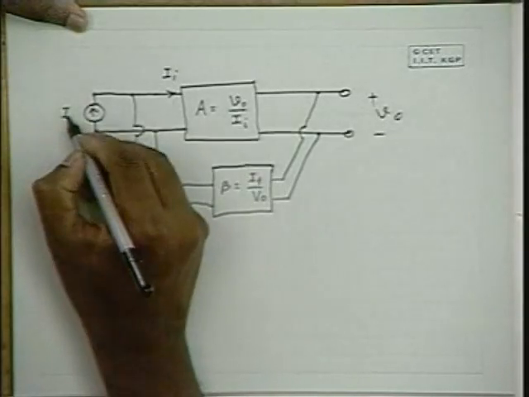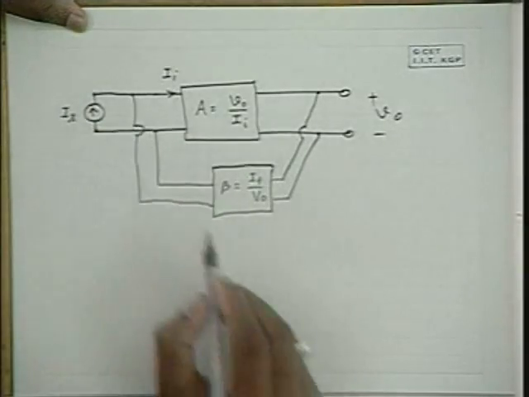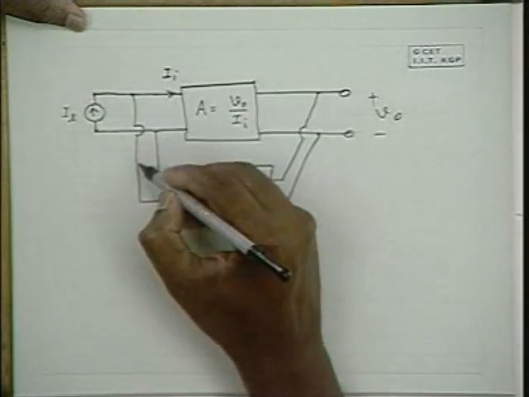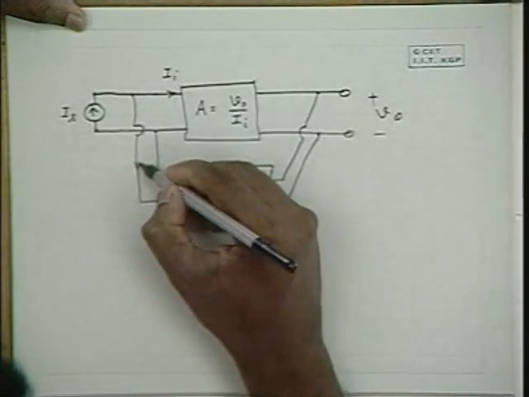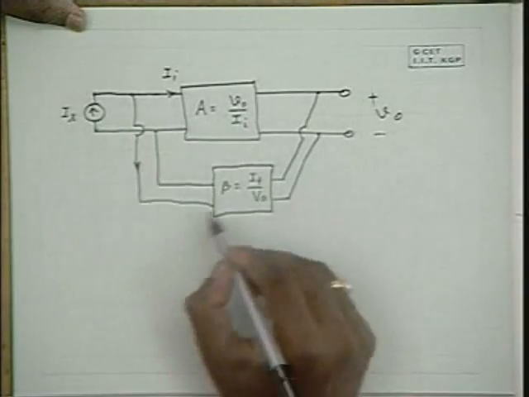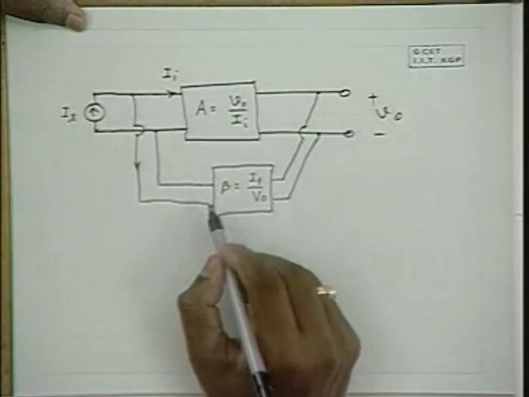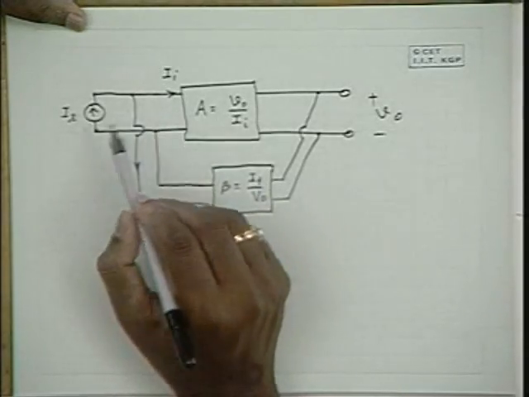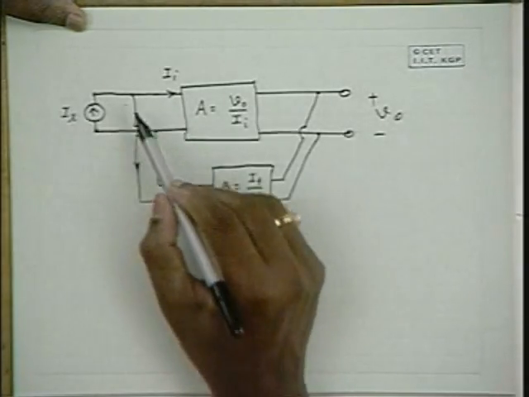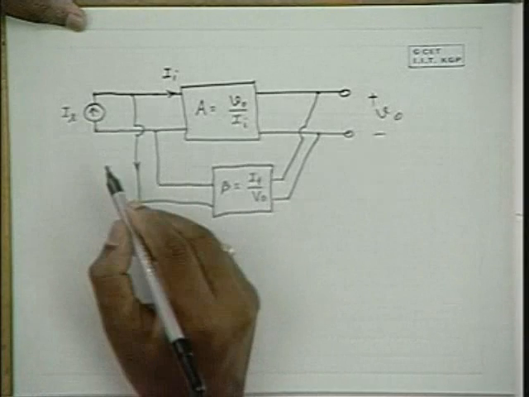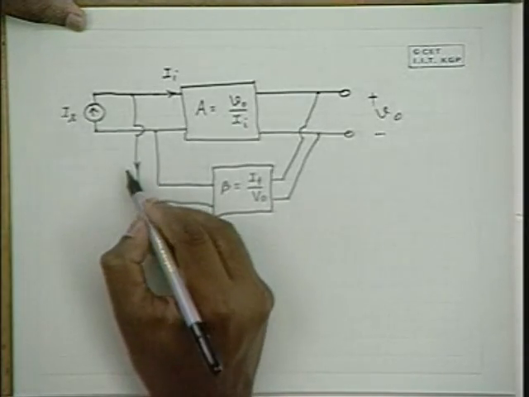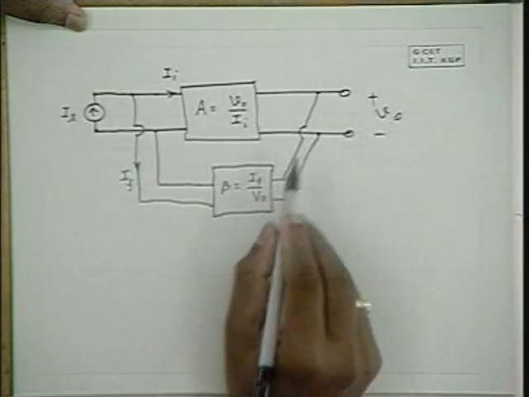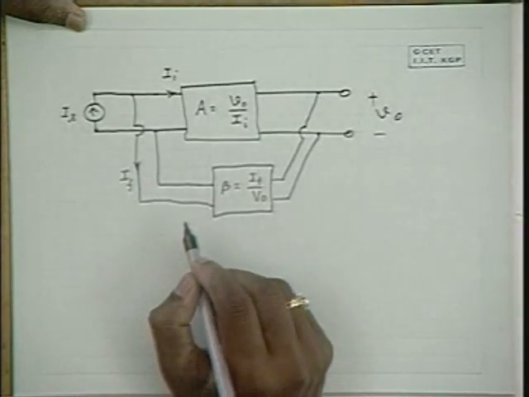This is the input current source, and from the input current source some current is forcibly drawn from the source into the feedback network. Therefore, you are not adding any current to the source current, but you are drawing current away from the source. So how much of it is drawn? An IF amount of it is drawn, and this IF is beta times the output signal V naught.